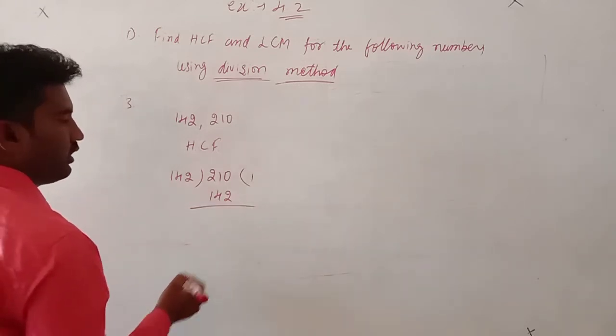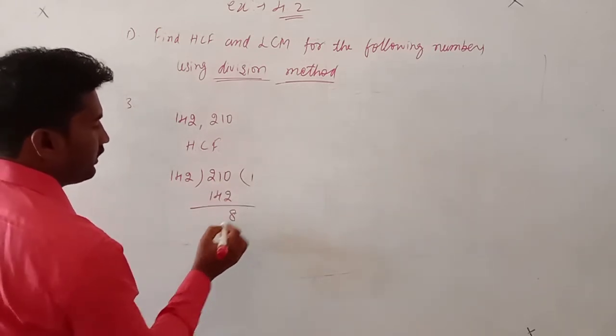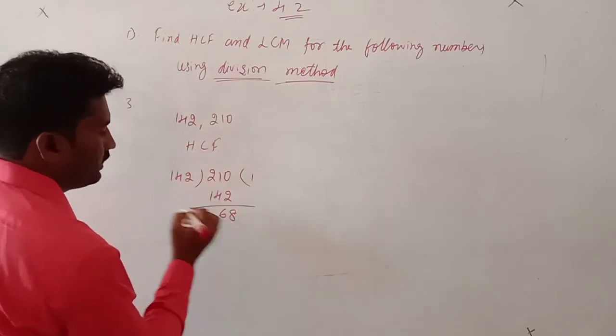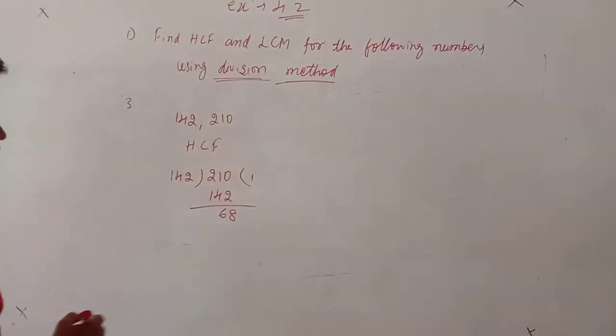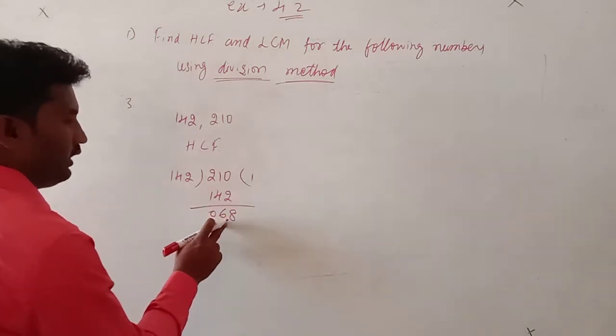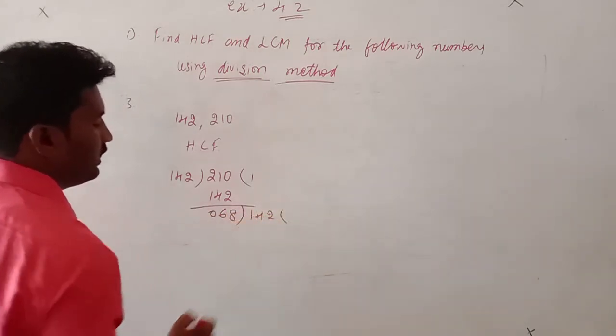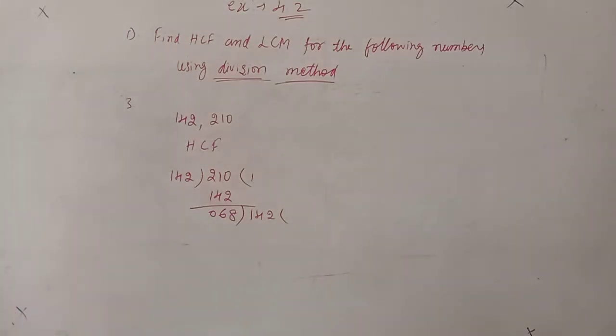Subtracting 2 from 10 we get 8, and 0 remains. Subtracting 4 from 10 we get 6. So the remainder is 68, and now we have to divide 142 by 68.